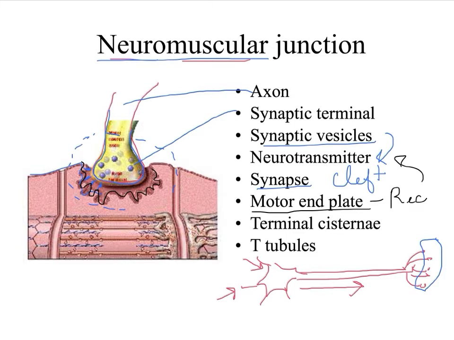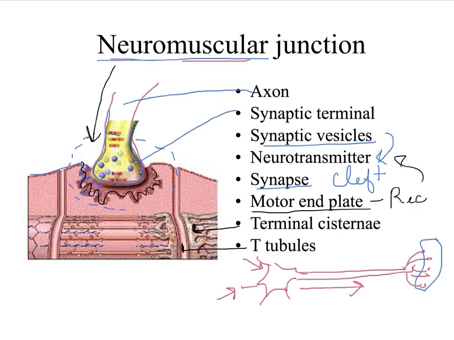And just to finish up our list here, the terminal cisterna is the enlarged areas right here, part of the sarcoplasmic reticulum, and then the T-tubule is this part right here. I sometimes have this picture on an exam to label, so make sure you can do that if I ask you to. So what's happening here, you have information being transmitted from the neuron down the axon.